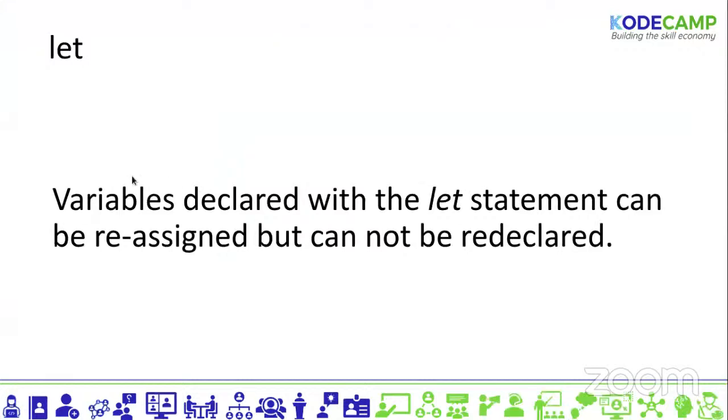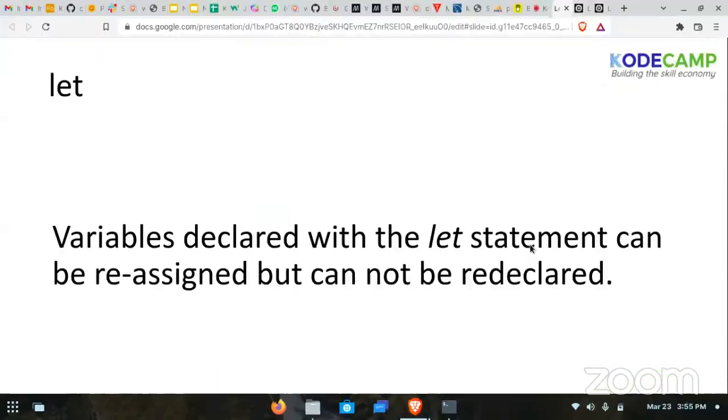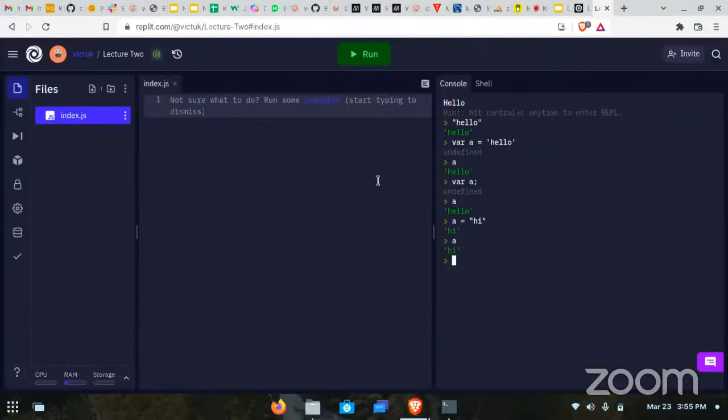So I now said let's. Variables declared with let statements can be reassigned, but can't be redeclared. So let's see that in action. If we come back here and we say let b equals to hello, for example.